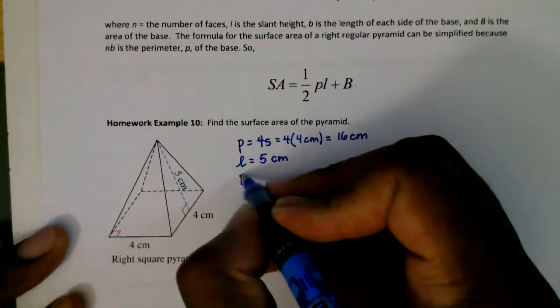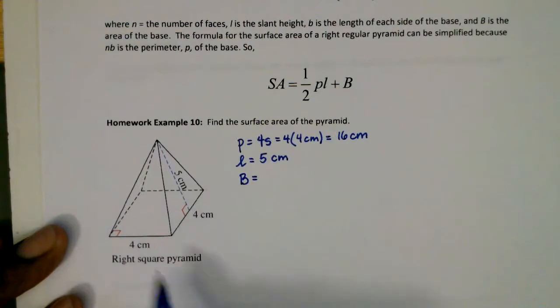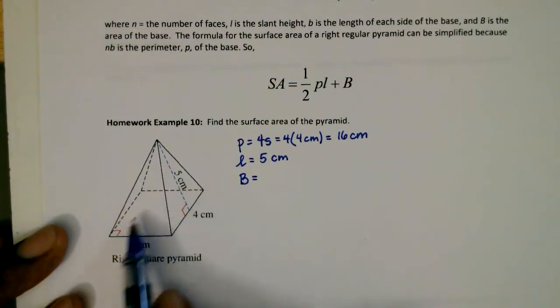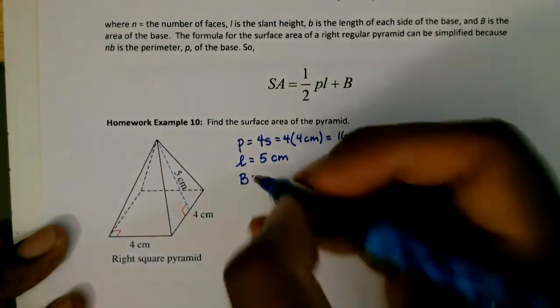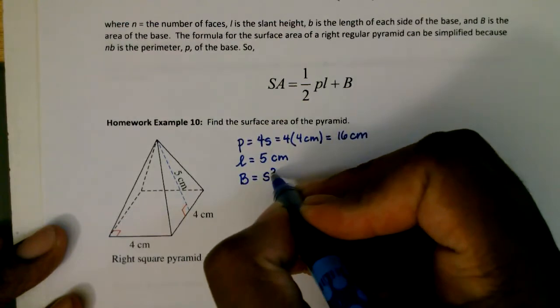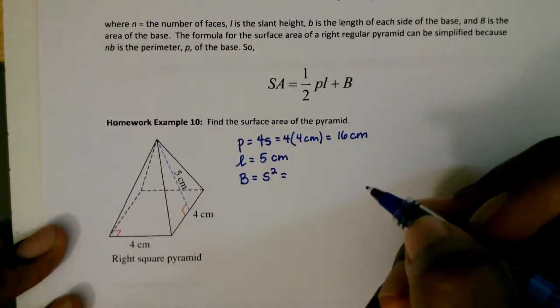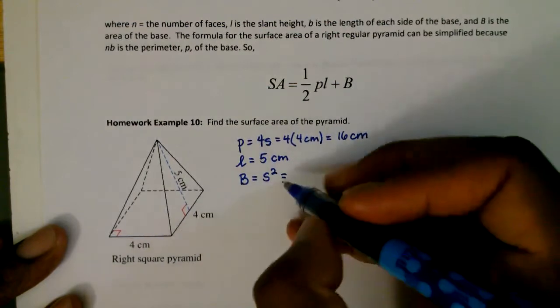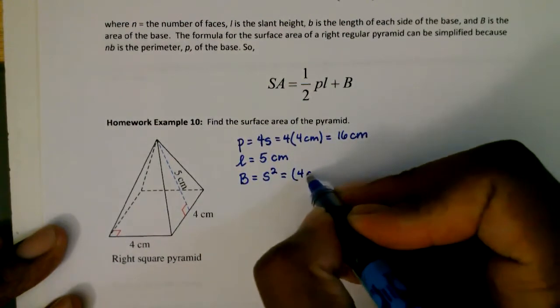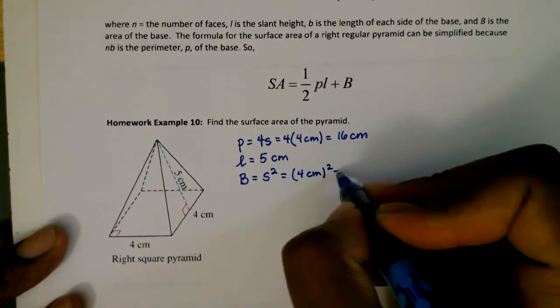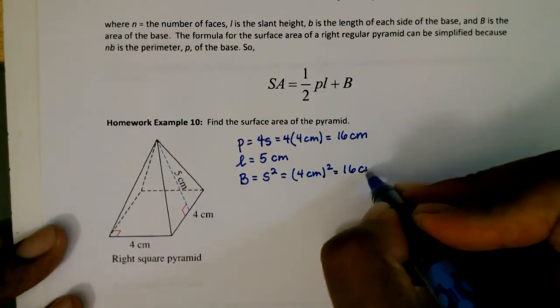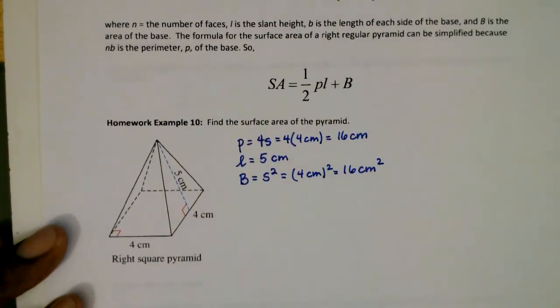And the area of the base, it is a square. So the formula for finding the area of a square is going to be the square of that side. And the length of that side is 4 centimeters. So if I square the 4, that's going to be 16 square centimeters.